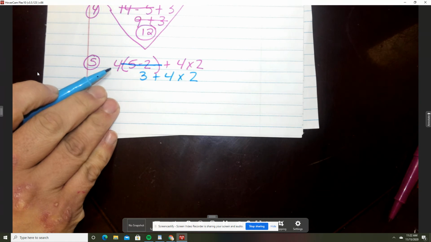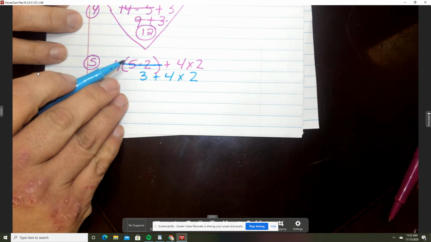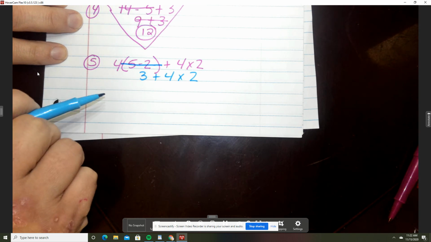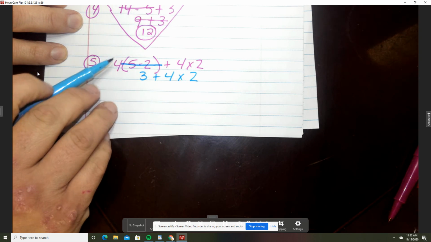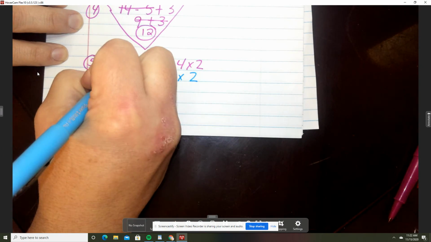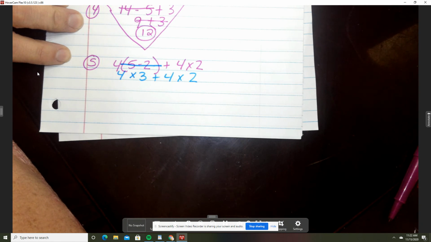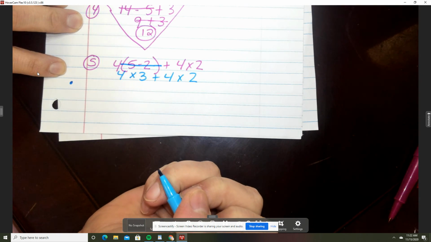Now, if you notice, here I've got a 4 beside my parentheses with no sign. That means multiplication. Okay, that means that 4 is going to be multiplied to that 5 and to that 2. So we can just put the multiplying sign and bring down your 4. So anytime you see a number beside parentheses, that just means multiplication. Okay, a dot also means multiplication sometimes.